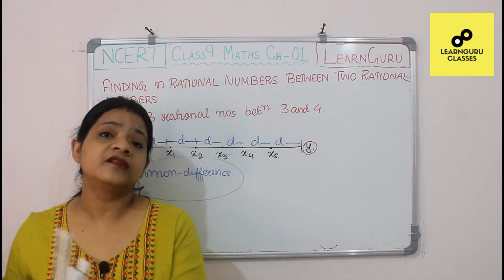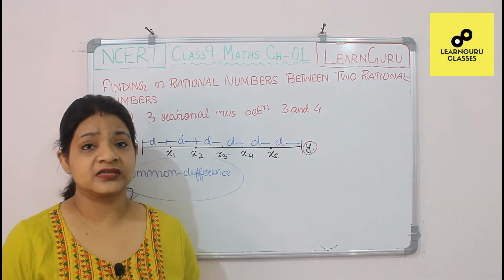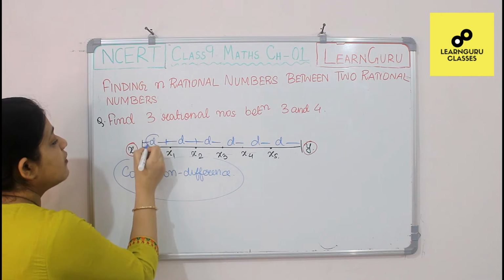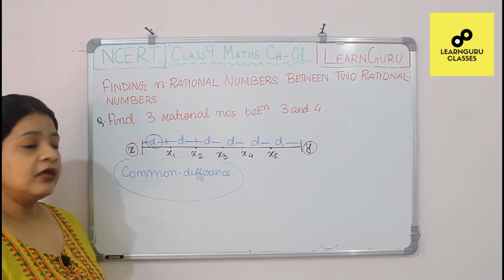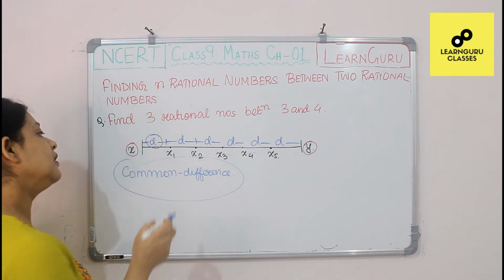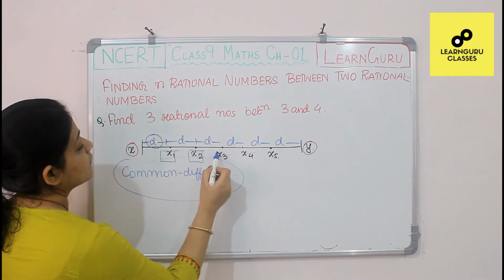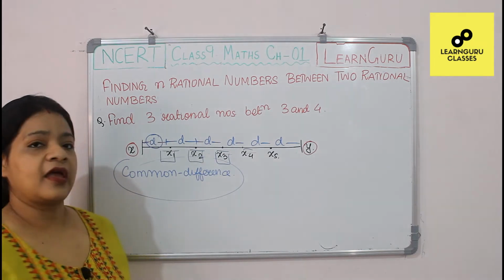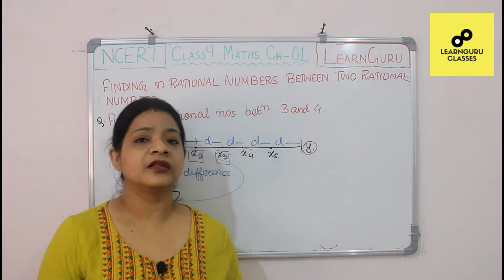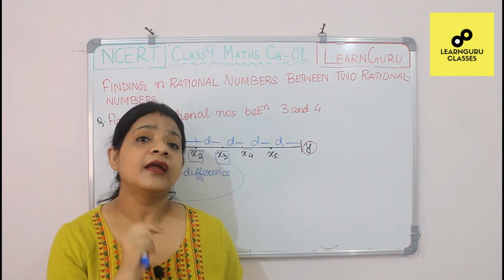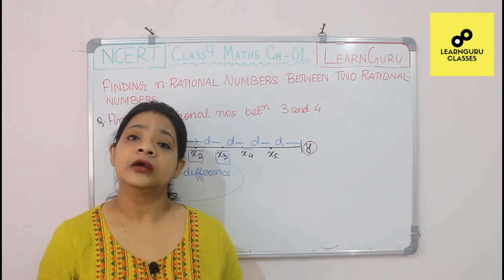All the points are placed at an equal distance to one another. So if we know the value of d, we can easily find out the values of x1, x2, x3, x4, x5. This is the concept. The main idea revolves around finding the value of the common difference.